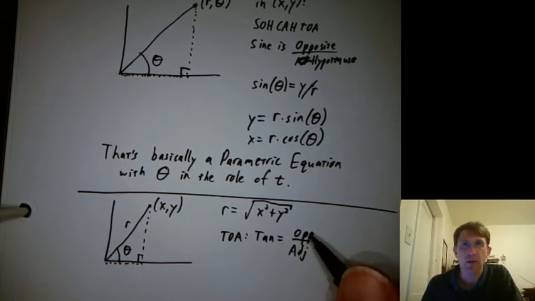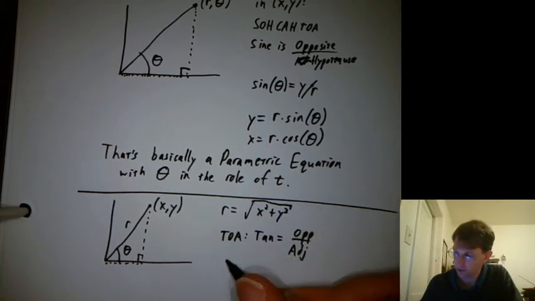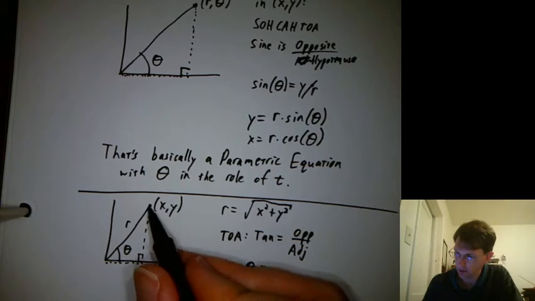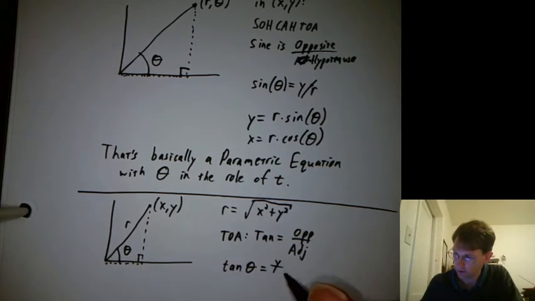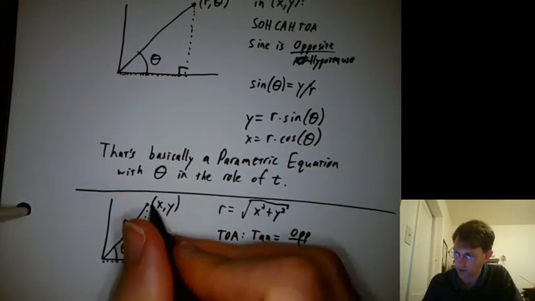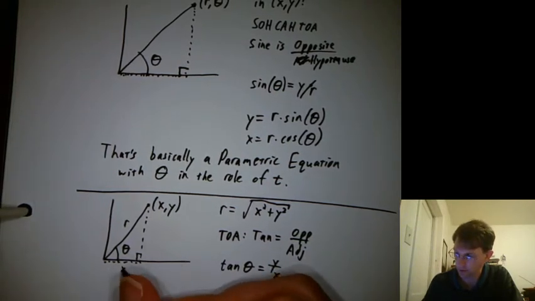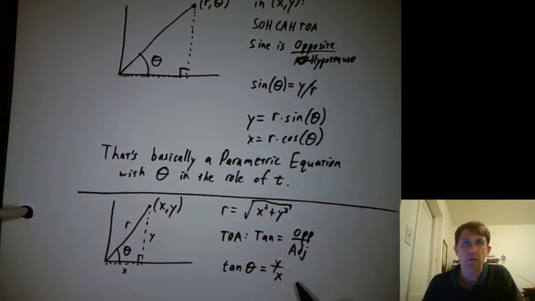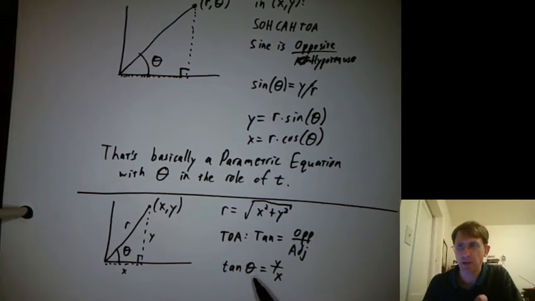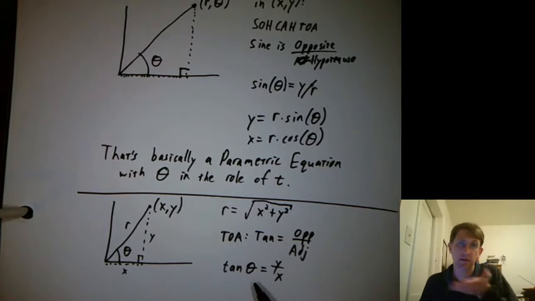Here we know the opposite and adjacent, but we don't know theta. So we're saying tangent theta is equal to the opposite side, which is y, divided by the adjacent side, x. And we know x and y, but we don't know theta. We want to know just theta itself. So what we do is take the inverse tangent.